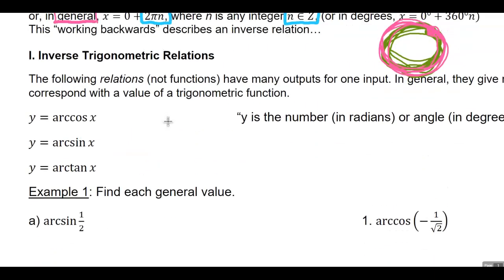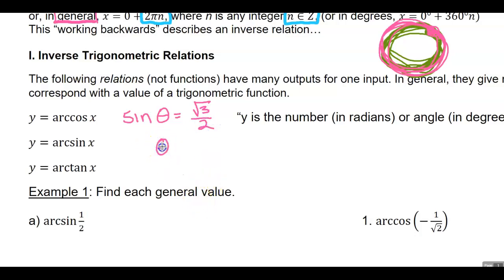Now we have this new looking thing here that says arc cosine, arc sine, and arc tangent. Okay. All this is just a way of writing, well, what does the y equal at this particular value? So for instance, on your last homework, what's the sine of theta at, I don't know, root 3 over 2 in the first quadrant?